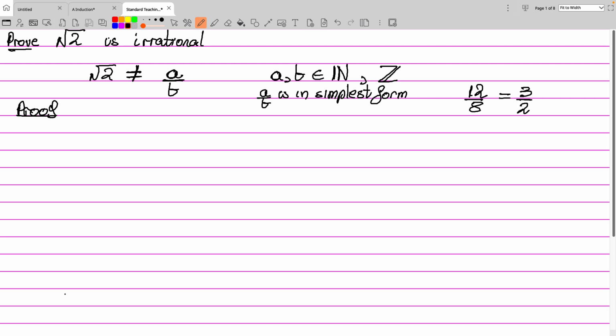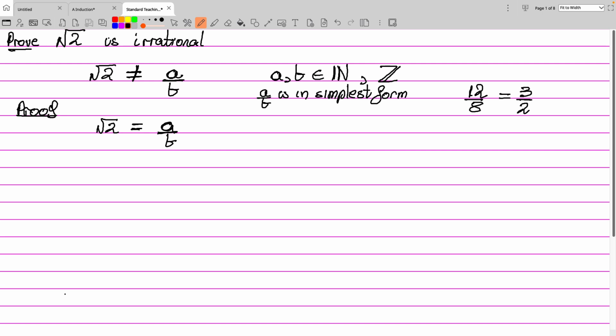You've heard this expression before. In mathematics, if you go on to further study, it's called a dichotomy. And when you have a dichotomy or a dual situation, you can actually offer an opposing argument. So what I'm going to do is prove it by offering the fact, let's suppose it is rational.